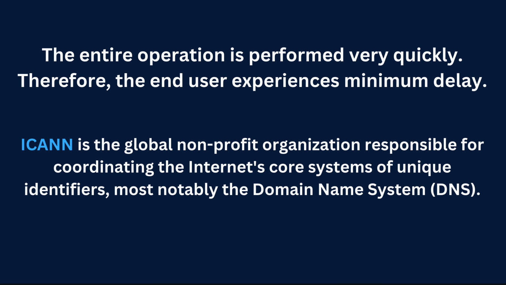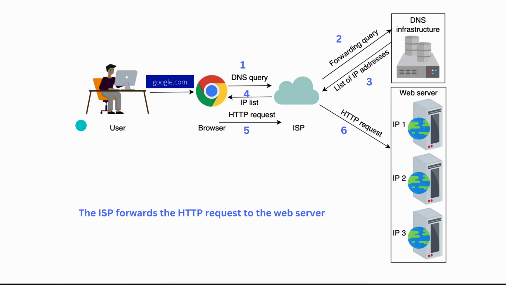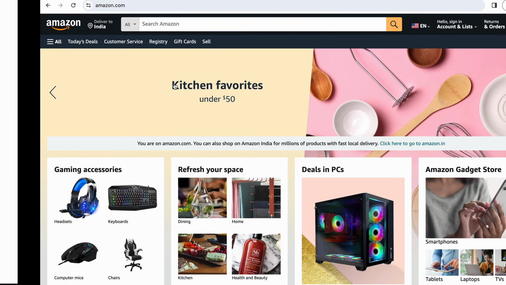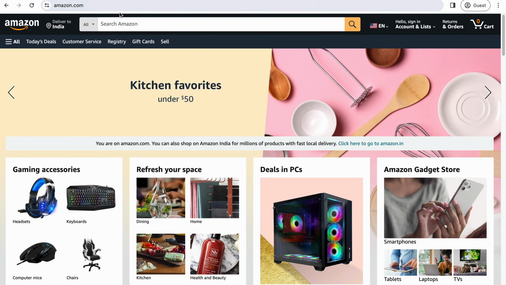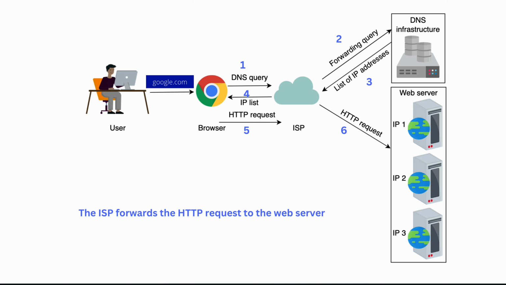The entire operation is performed very quickly. Like you see, I am just typing an address and Amazon is loading. What happens? I typed here. First there was a DNS query. It went to the ISP.